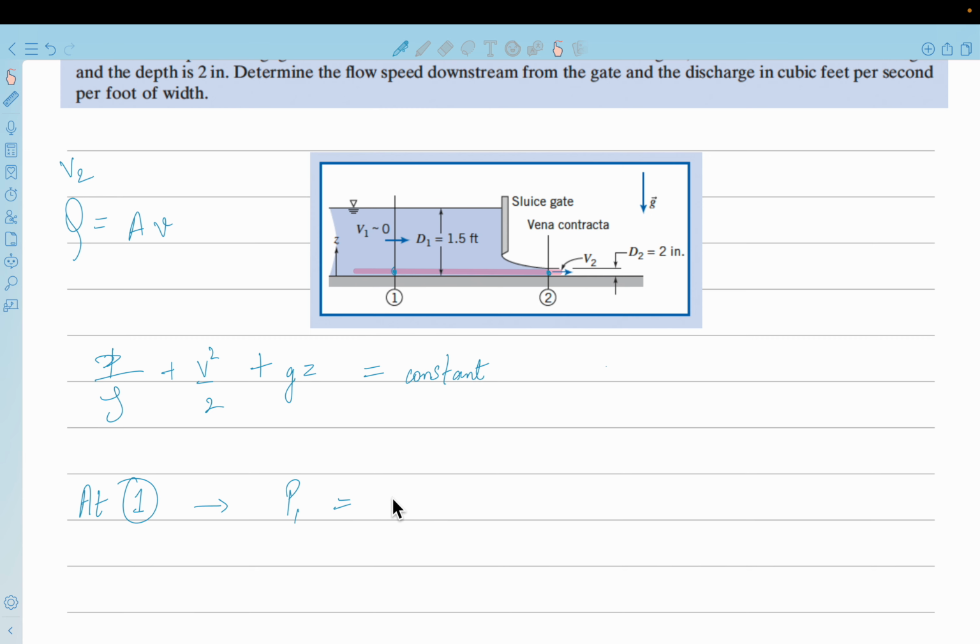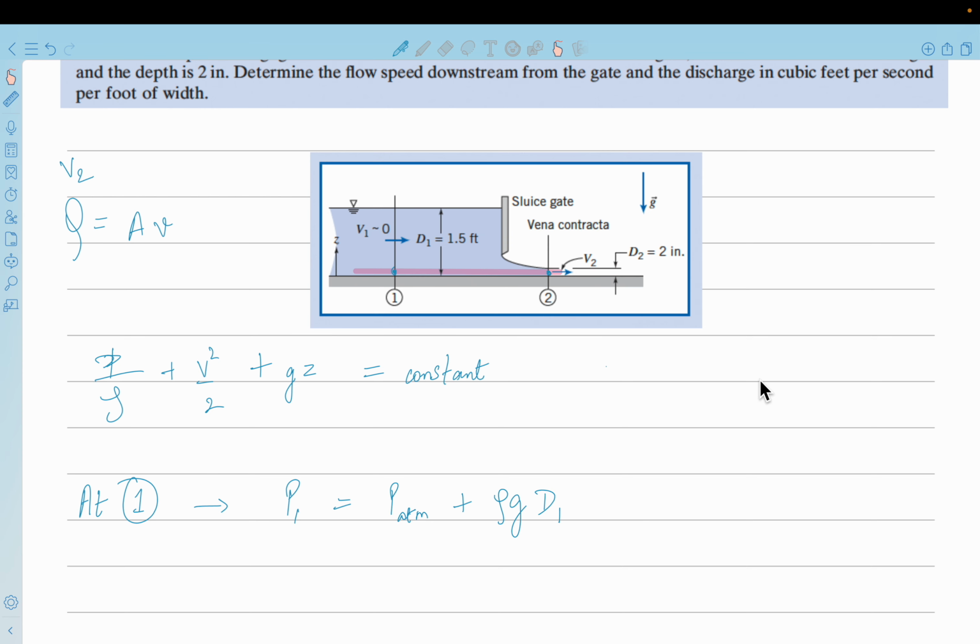Okay, you just said right now P atmospheric plus rho G height. So here the height is given to you. This is D1, so I'll directly write D1. Now how did you get this? This is from hydrostatics, but actually the fluid is moving.